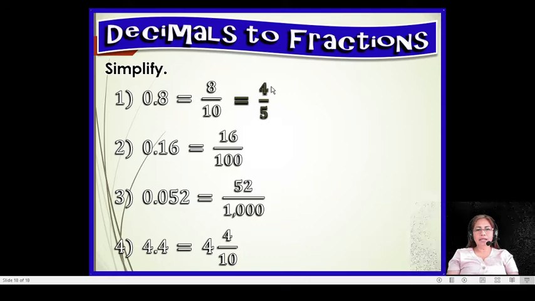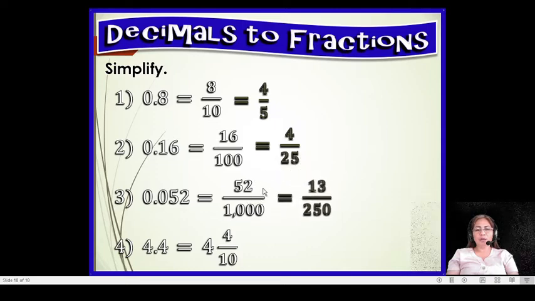So 8 divided by 2 equals 4, 10 divided by 2 equals 5. So this is our final answer. 16 over 100 is not in lowest term. So the GCF of 16 and 100 is 4. So 16 divided by 4 equals 4. 100 divided by 4 equals 25.